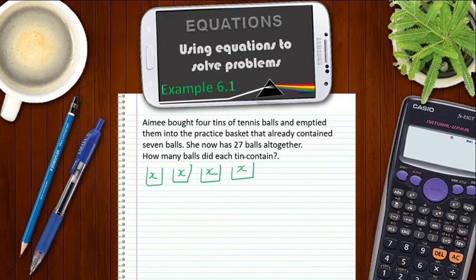Now here's her basket, and there's already 7 inside here. Now she throws x amount in there 4 times. So this is the before, and then after, she had 27.